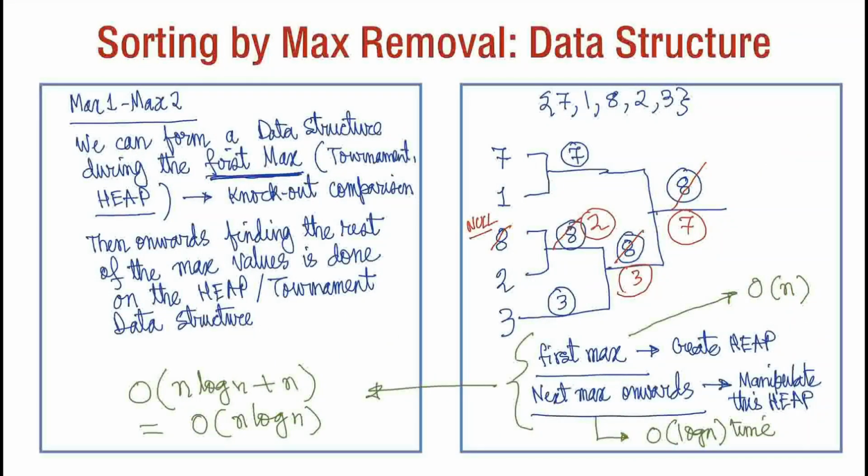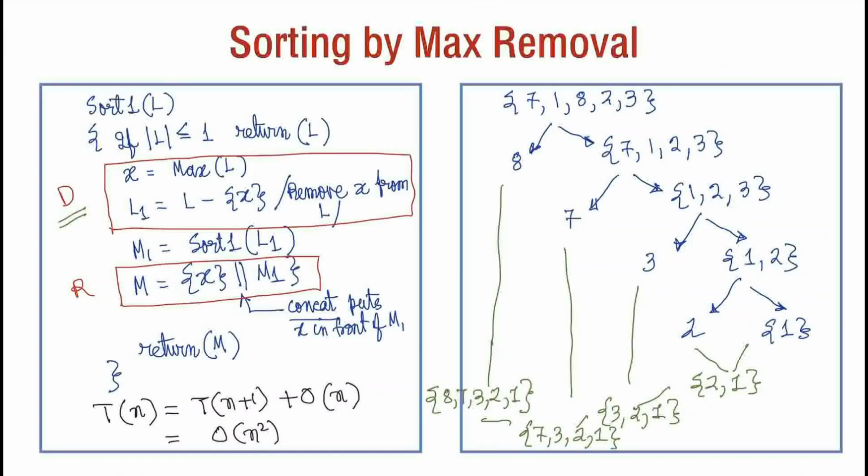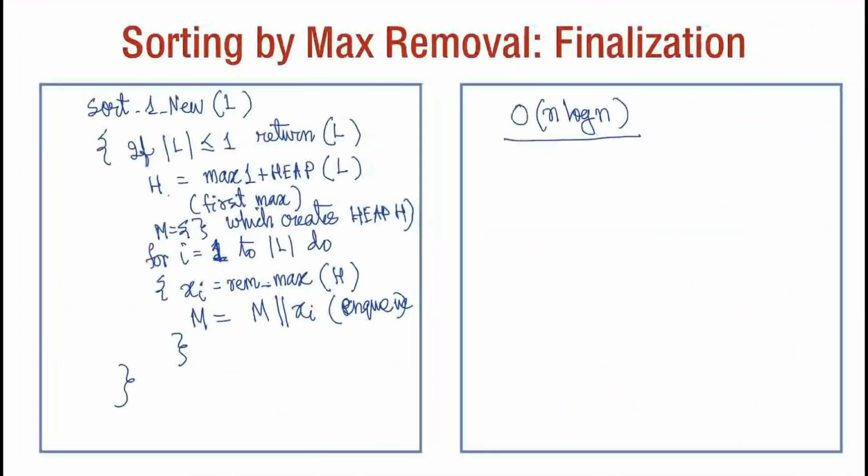The max could have been done in hundreds of ways, but we build this data structure called a heap, and we then see that we can convert this whole part into an iteration from 1 to n, using that data structure as a heap. Once we convert it, we get the max one and create this heap. Then from the beginning we start removing the maximum one by one, putting it into a queue, and that queue develops into my final algorithm.